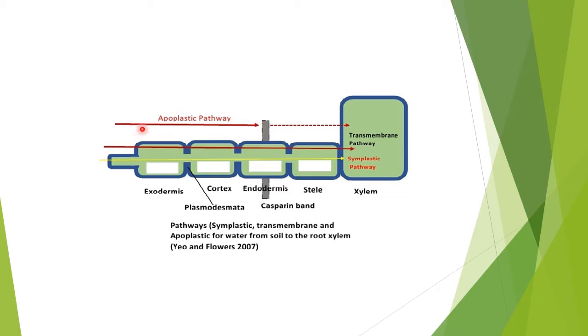So the apoplastic pathway will be up to this, and then there can be a transmembrane pathway, which takes place through the cell walls and through the plasma membranes, or there can be a symplastic pathway, which occurs through the plasmodesmata, crossing from one cell to the other. So we have in plants three modes of absorption: transmembrane pathway, symplastic pathway, and apoplastic pathway.